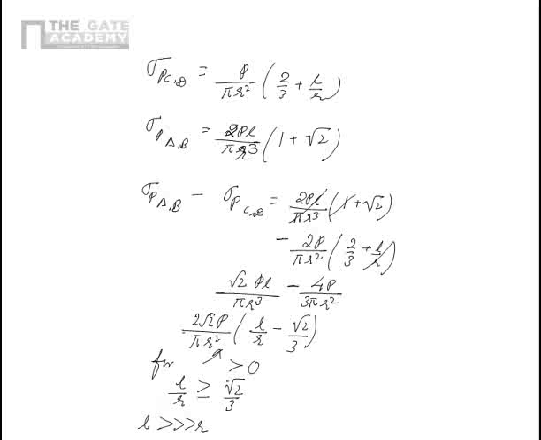So we know that the principal stress because of the bending will always be higher than the principal stress because of the shear alone, in case of bars of long lengths and small radius. Normally this condition will always be correct because R is much smaller than the length.